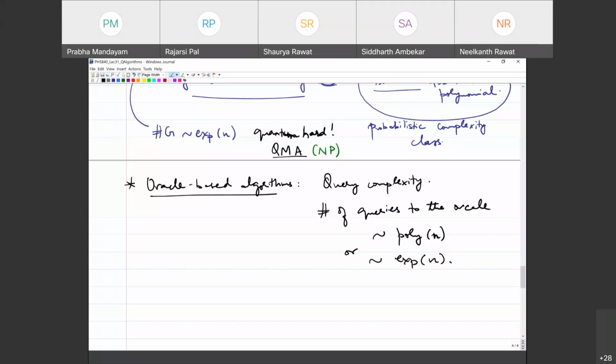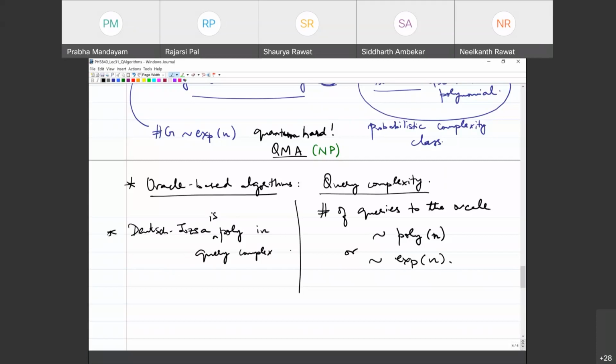So the Deutsch-Jozsa is polynomial in terms of Oracle complexity or query complexity. You do not really worry about the circuit complexity of implementing the Oracle itself.